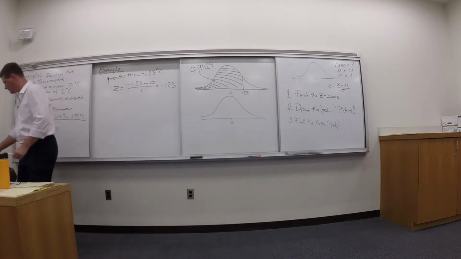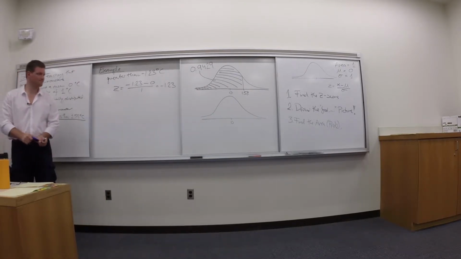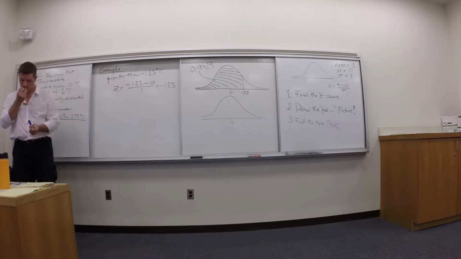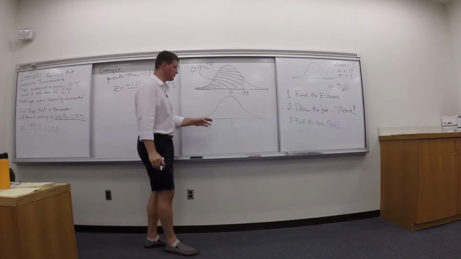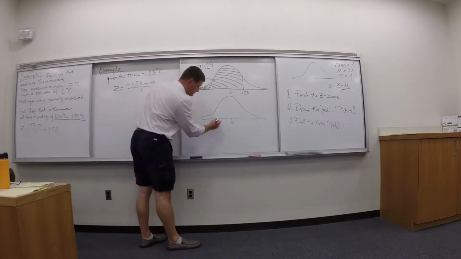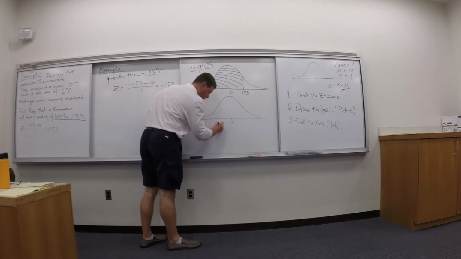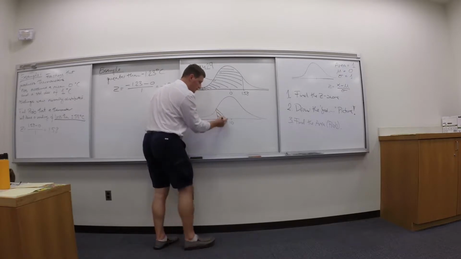This time it's going to be right. So this time we're looking at greater than negative 1.23. So negative 1.23, and we're looking at this area.